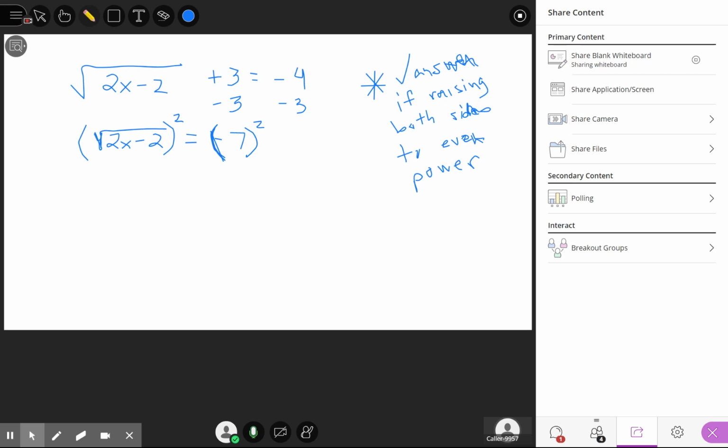Okay, so let's continue on. We've squared both sides, so the squared takes care of that square root, and we're left with 2x minus 2 equals -7 quantity squared is 49. Then we add 2 to both sides.